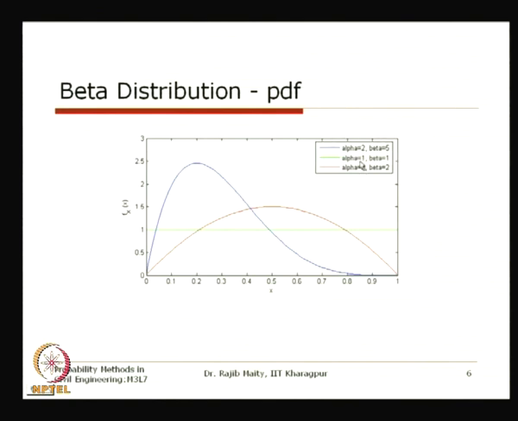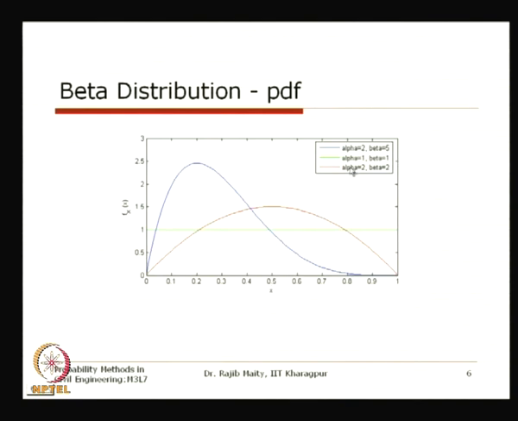Now, if we keep both the parameters the same, for example, alpha equals 2 and beta equals 2, then you can see that this distribution looks like this, which is a symmetric distribution having its mean at 0.5. Mean, mode, obviously, as it is symmetric, so its mean, mode and median coincide at 0.5.